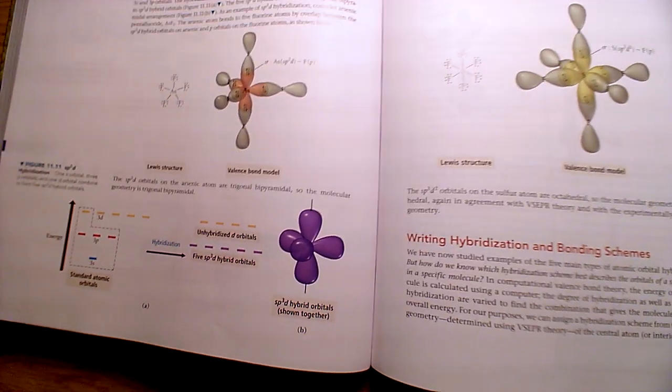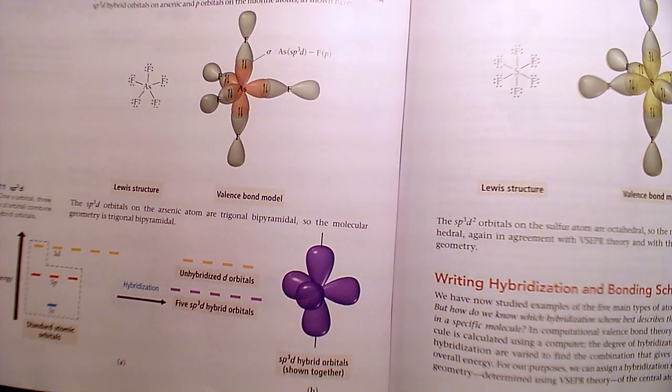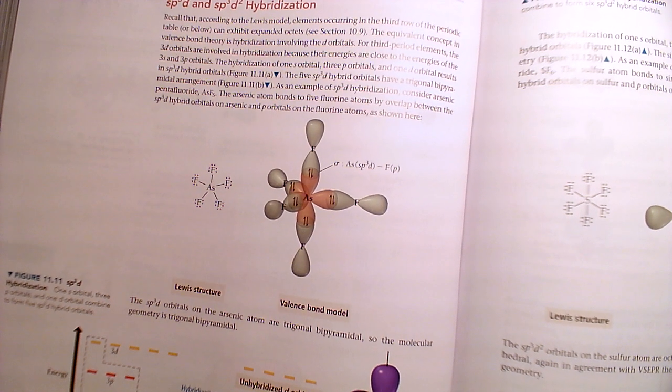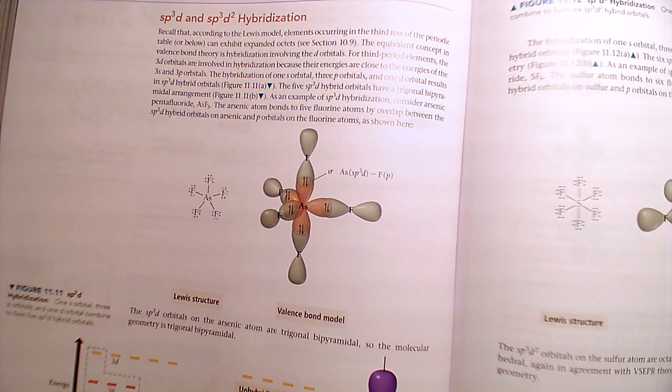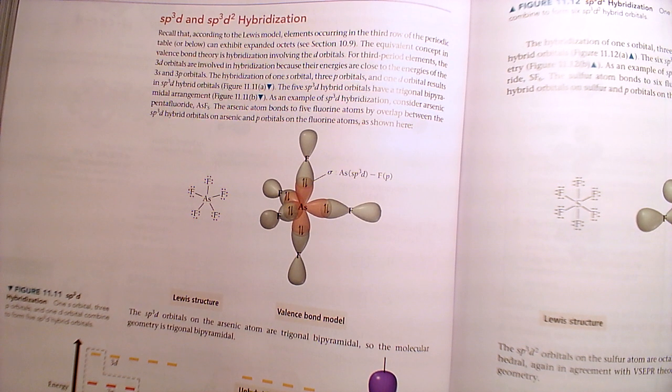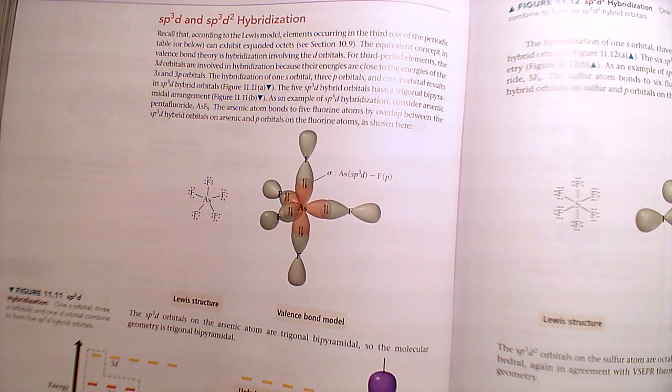And there are other hybridization patterns when we have molecules that have more than an octet. Here's AsF5, trigonal bipyramidal. What's the hybridization for the shape trigonal bipyramidal?